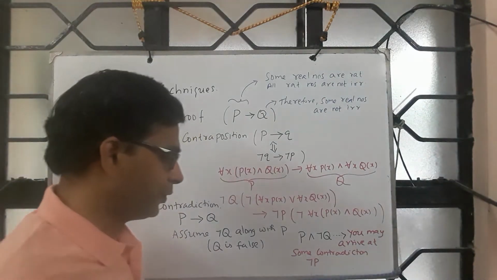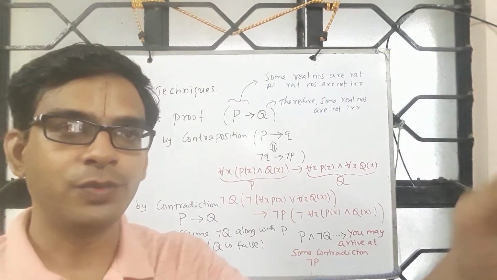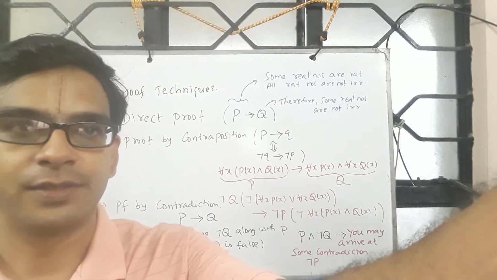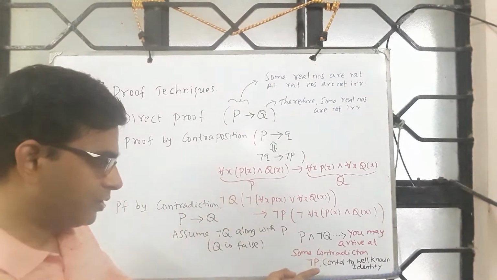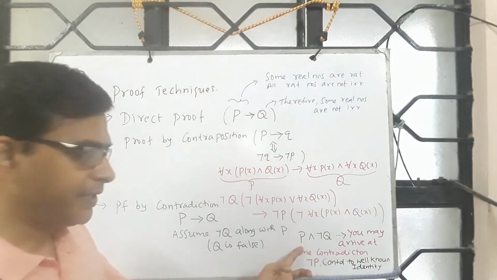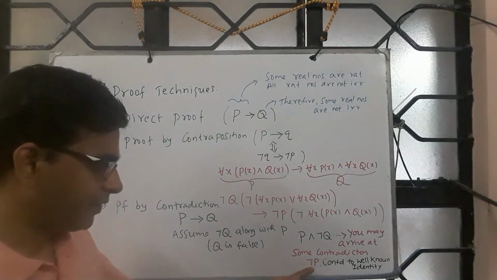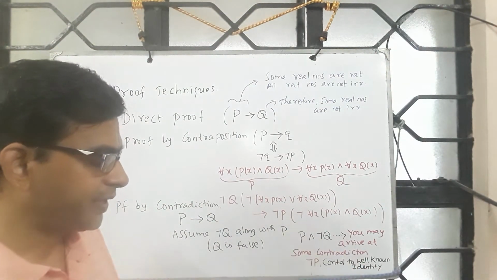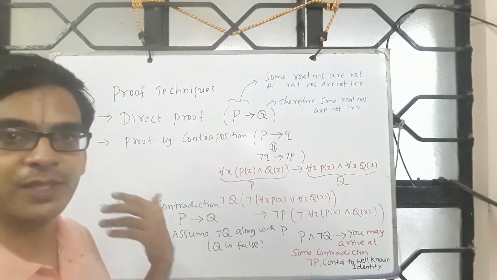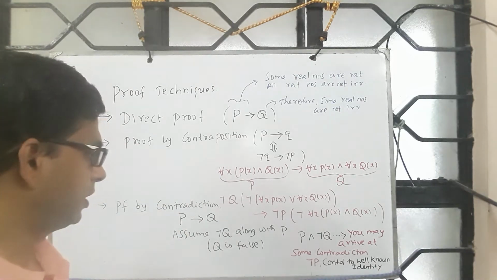Or you arrive at contradiction to some well-known identities. So we may arrive at contradiction to the premise, which is P, meaning you may arrive at negation P, or you may get contradiction to some well-known identity which we have proved in some other part of mathematics.